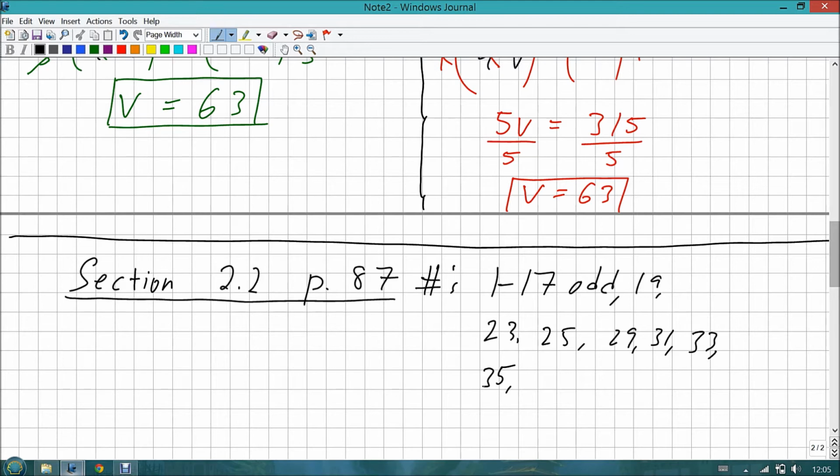And because I really love word problems, we're going to do 45, 53, 55, and 57. Not to be confused with the ketchup. All right, so 1 through 17 odd, 19, 23, 25, 29, 31, 33, 35, 45, 53, 55, 57, and we're done.